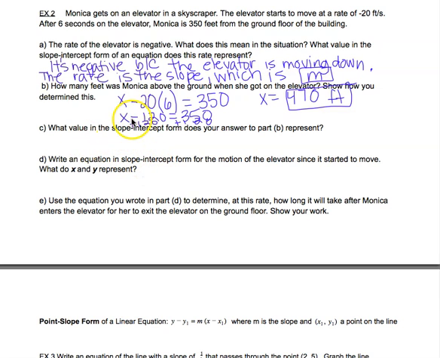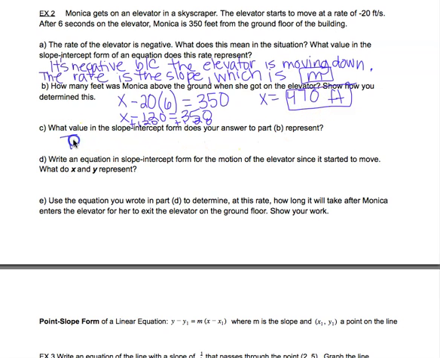So now the question is, always relating it to real life, what value in slope-intercept form would this answer represent? The way you need to think about this is when she gets on the elevator, that means her time is 0. She's been on the elevator for 0 seconds when she first gets on. And when that value is 0, that represents my y-intercept.